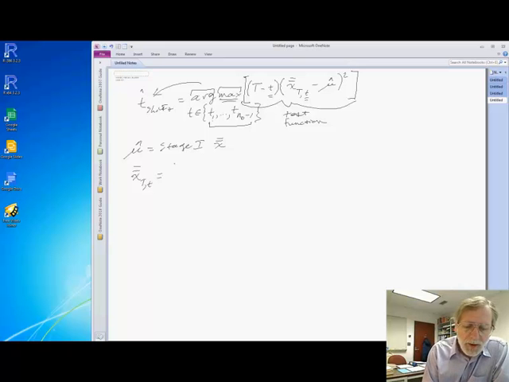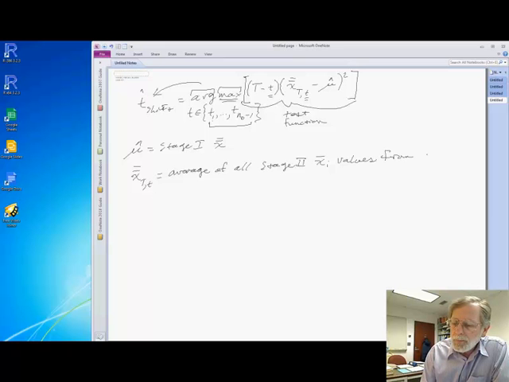Well, it is the average of all stage 2 X bar I values from I equaling t through I equaling uppercase T, which is T sub n naught.